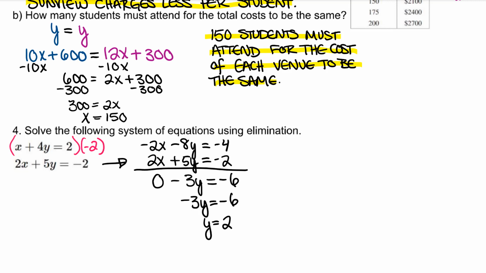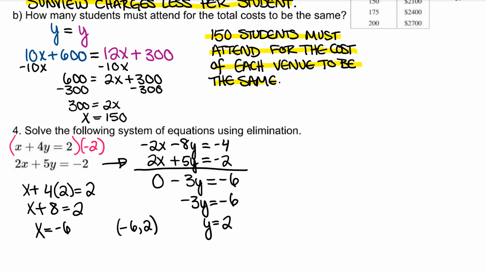Plug that in to either of the original equations to solve for x when y equals 2. When y is 2, x is -6. My solution will be written as an xy coordinate point, but before I box that in or highlight it, I want to check to see if this is truly the solution for the system of equations.